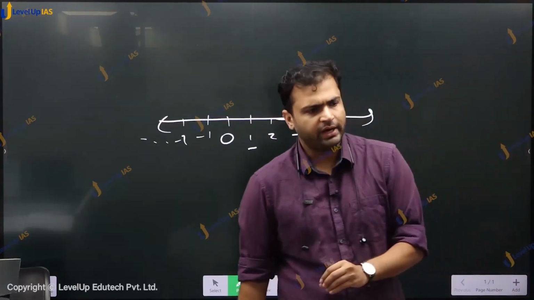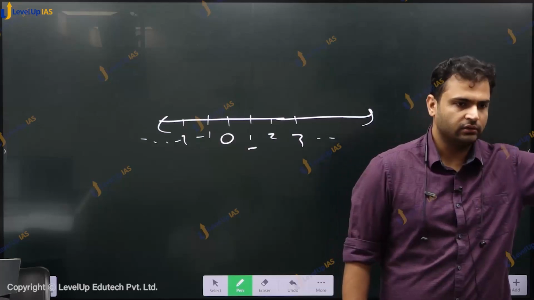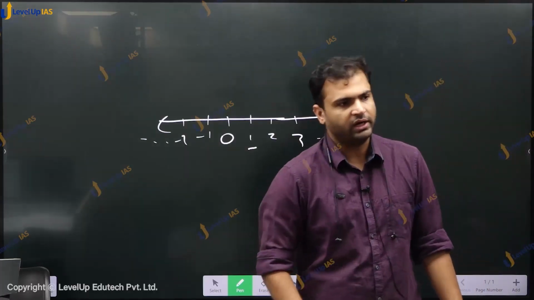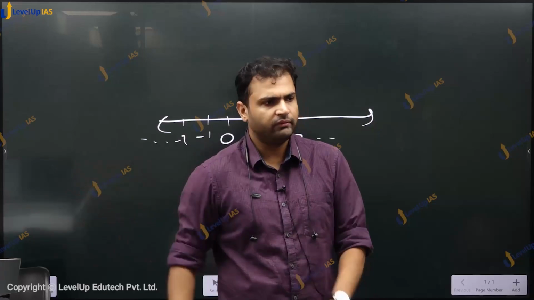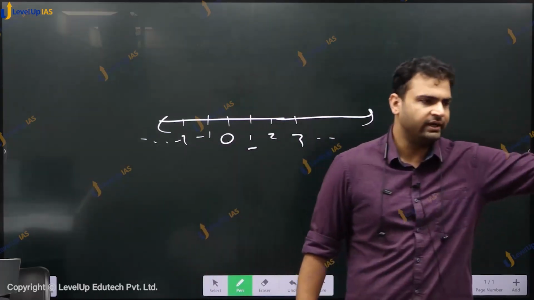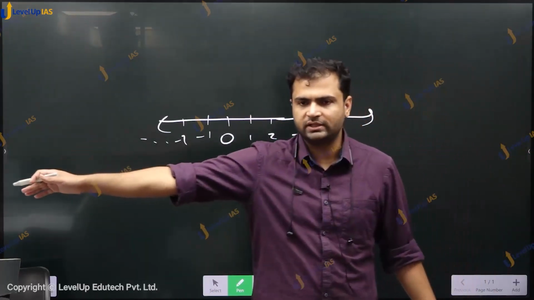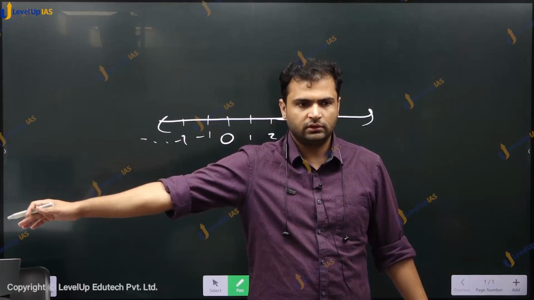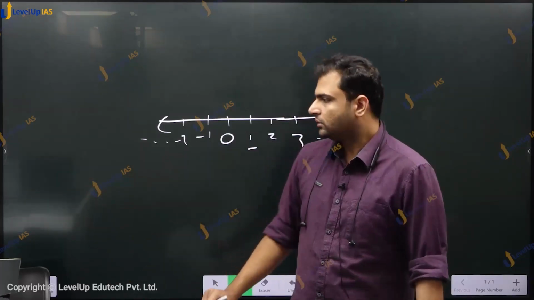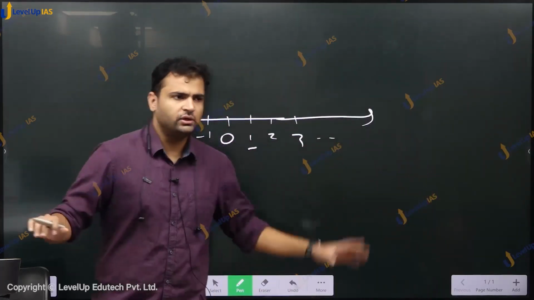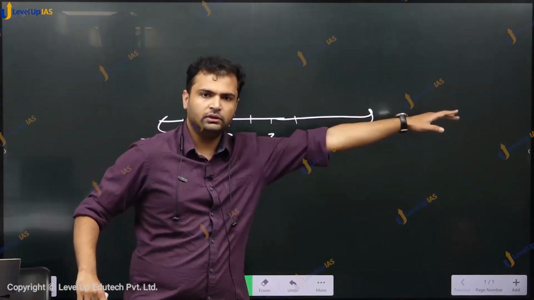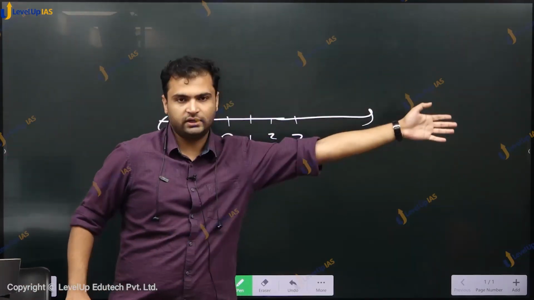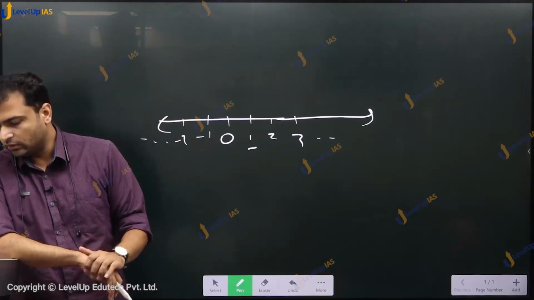Whenever we are adding, we are going on the right side, and whenever we are subtracting, we are going that side, right? And we know that any number on this side is greater than any number on that side. That is the basic of addition on the number line. Whenever we are adding, we are going on the right side or positive side on the number line.